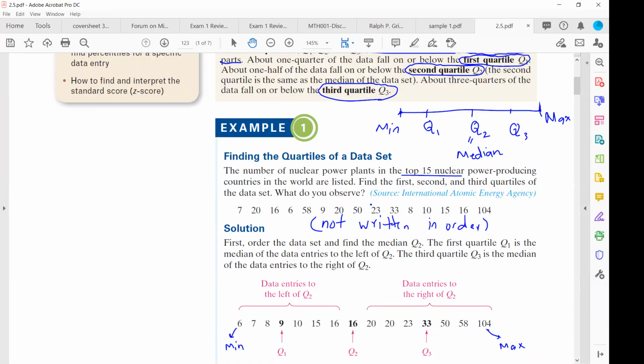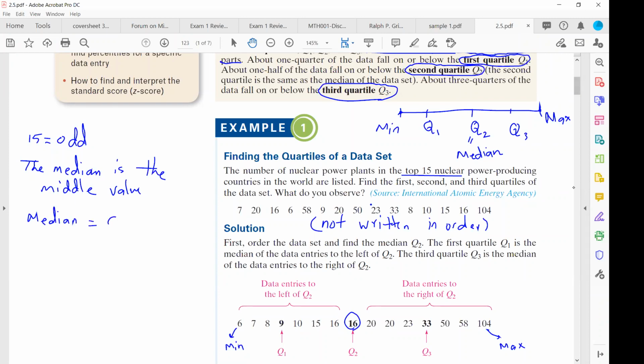So since 15 is odd, the median is the middle value. So 7 from left, 7 from right, the middle value is 16. Median or second quartile is 16. We found the second quartile first.